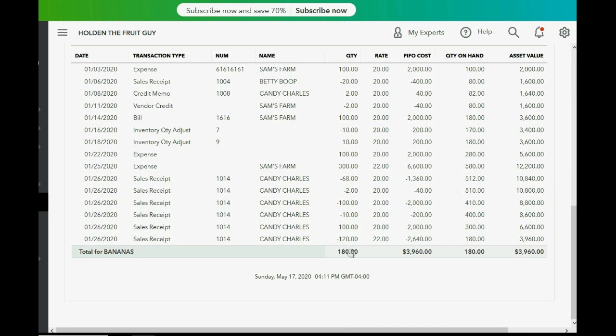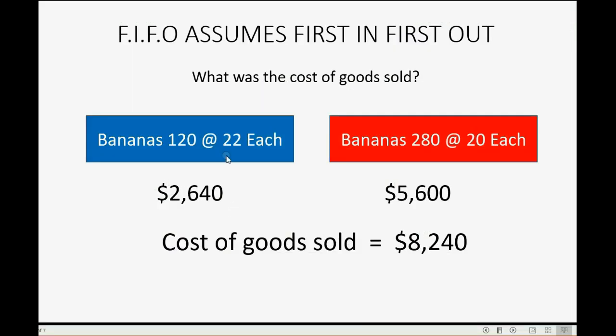You can see on the 26th, as part of this sale receipt, 120 bananas were given at the rate of $22. And that's what we actually said. We said part of this 400 banana sale, 120 of those 400 bananas were $22 each.